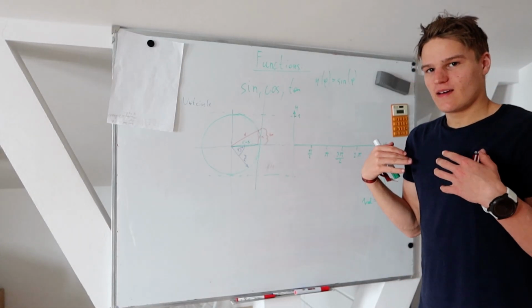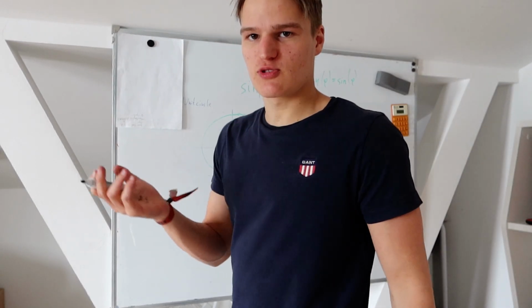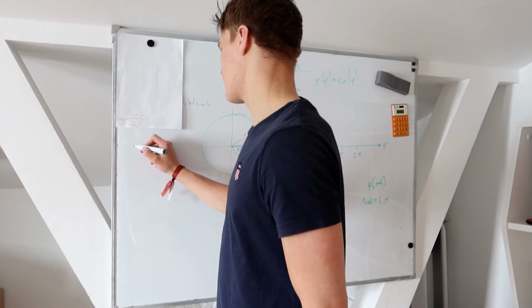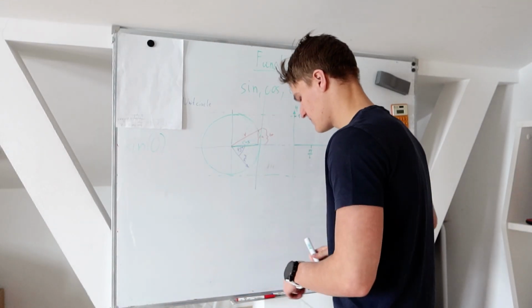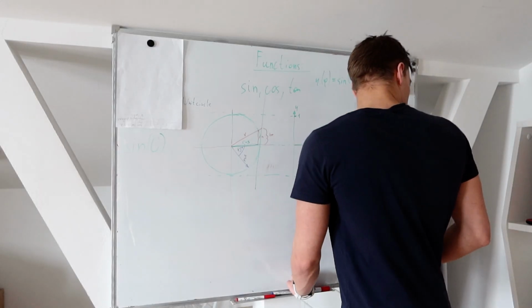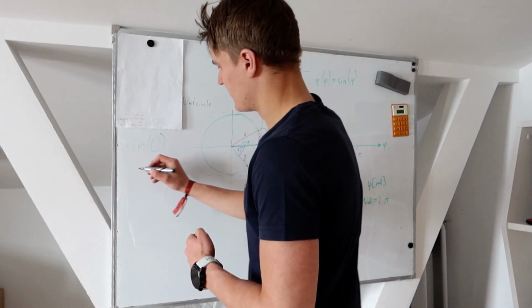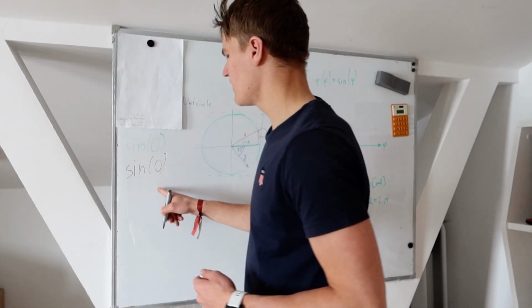If you guys can remember, maybe we have some starting values, some extreme values, and then some values which are just in between. So maybe you can remember. Let's just put some values here. Sine of 0, right? Sine of 0.